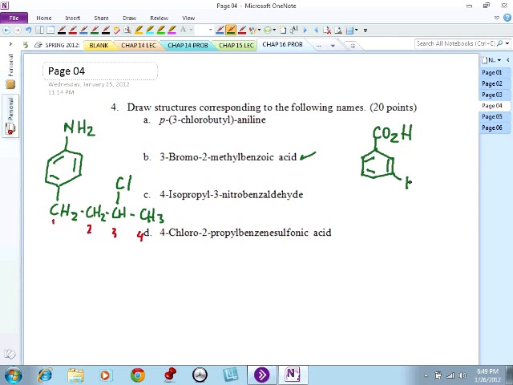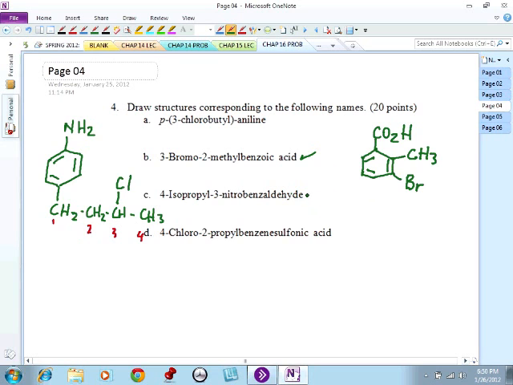That means bromine is here. And 2-methyl. That means methyl is here. This is the carbon number 1, 2, and 3. Okay, is that correct? Okay, happy faces again, right?